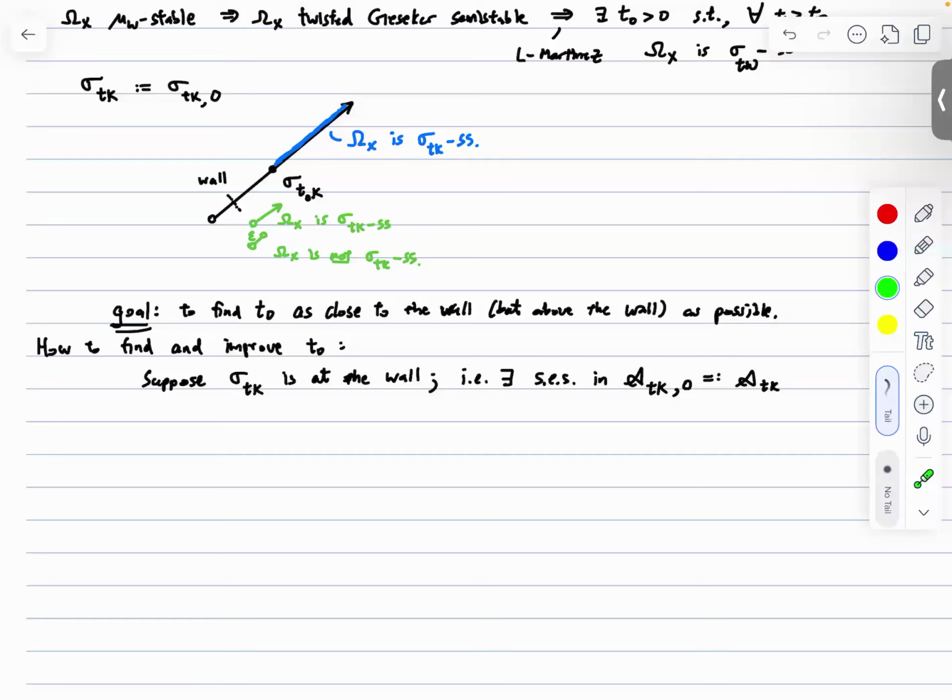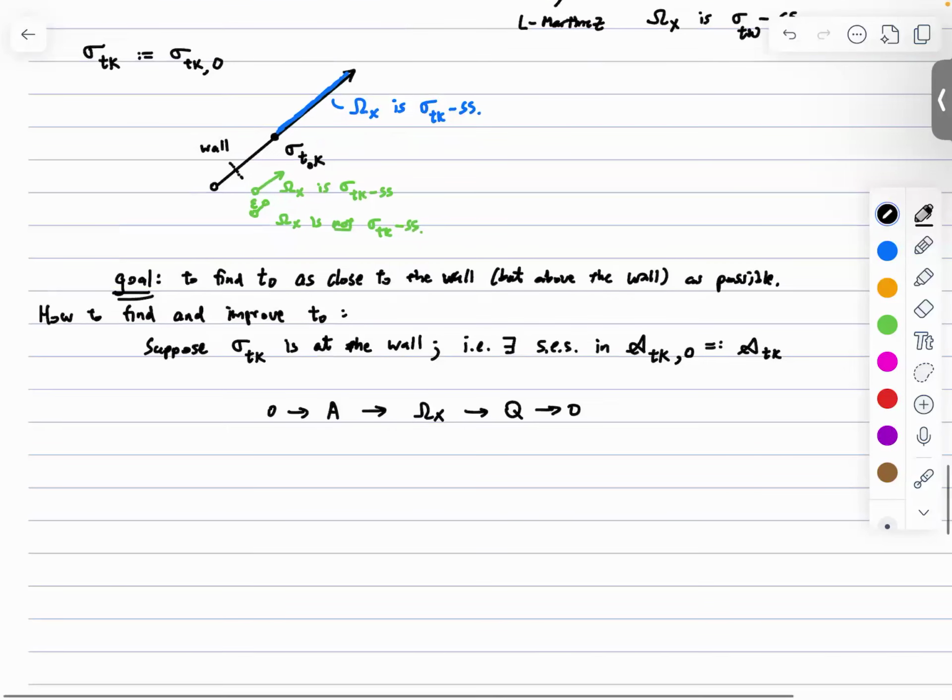So saying you have a Bridgeland stability at the wall means inside this abelian category, there is a short exact sequence with the cotangent bundle in the middle. Let's call the sub-object A and the quotient object Q, where the numbers phi for all these objects are equal.